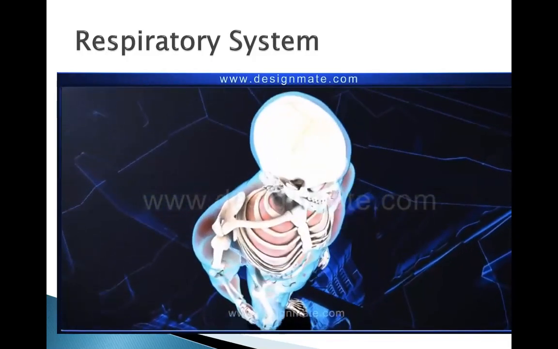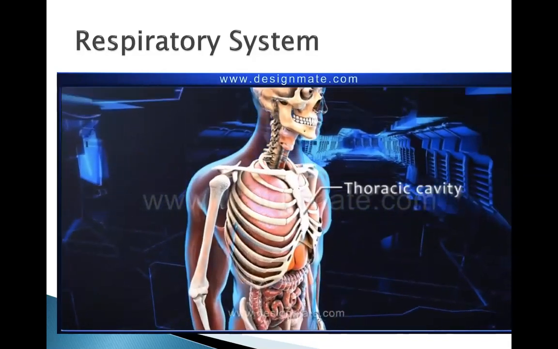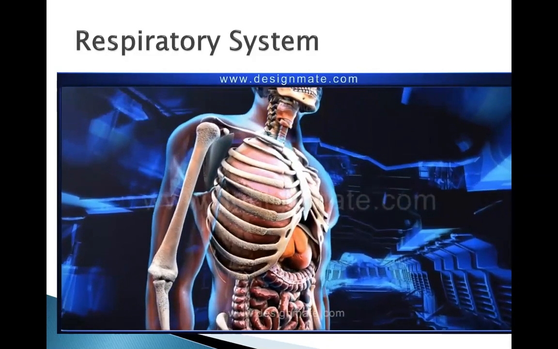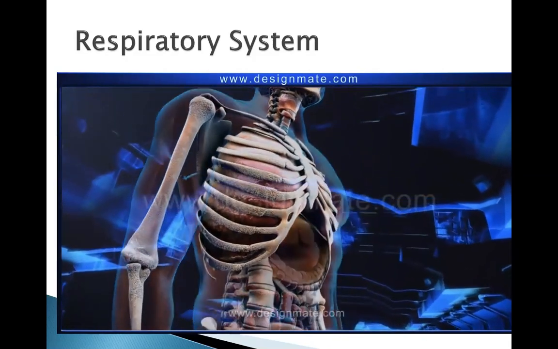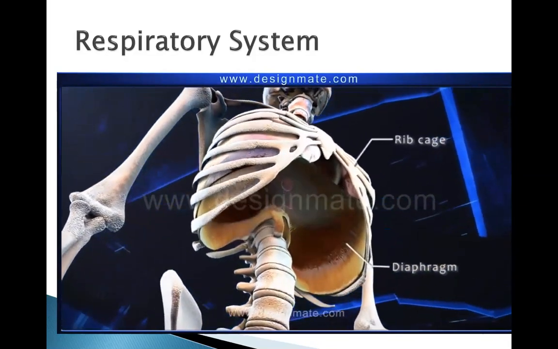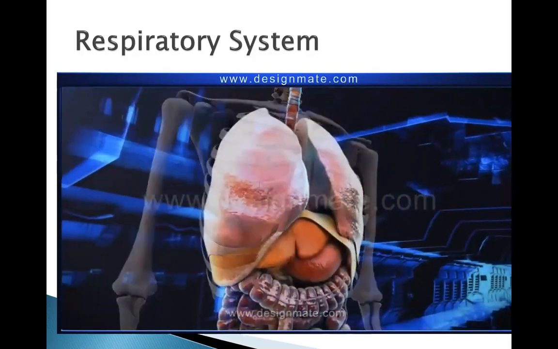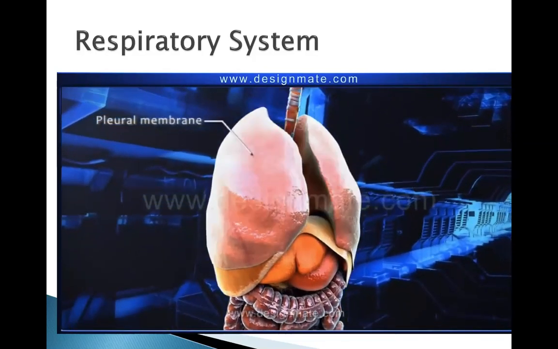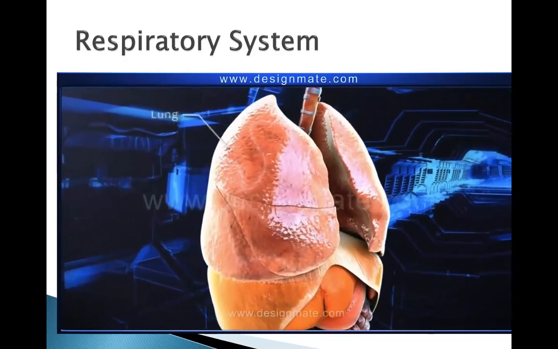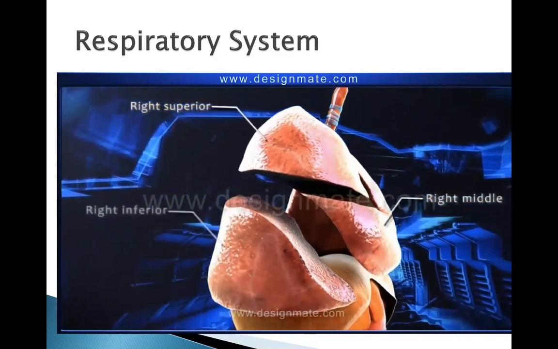In humans, the main organs responsible for respiration are present in the thoracic cavity. In the thorax region, the rib cage and a dome-shaped fibrous tissue, known as the diaphragm, are observed. Present within the rib cage are the pleural membranes, which enclose the lungs. The right lung is divided into 3 lobes, the right superior, right middle, and the right inferior lobe.